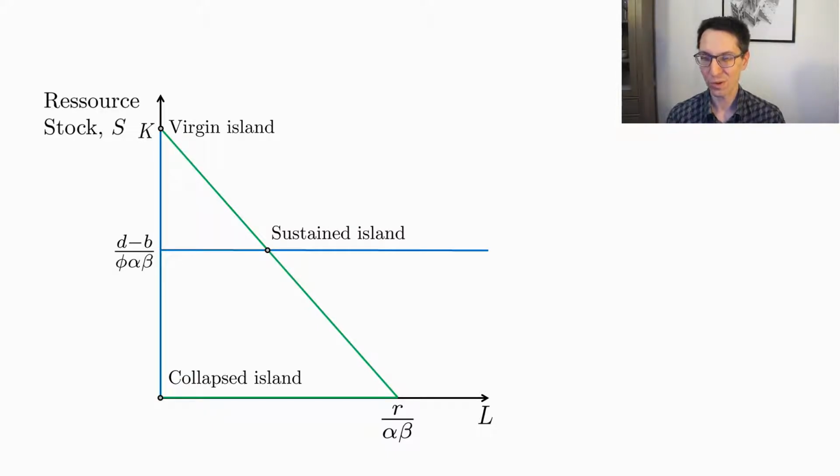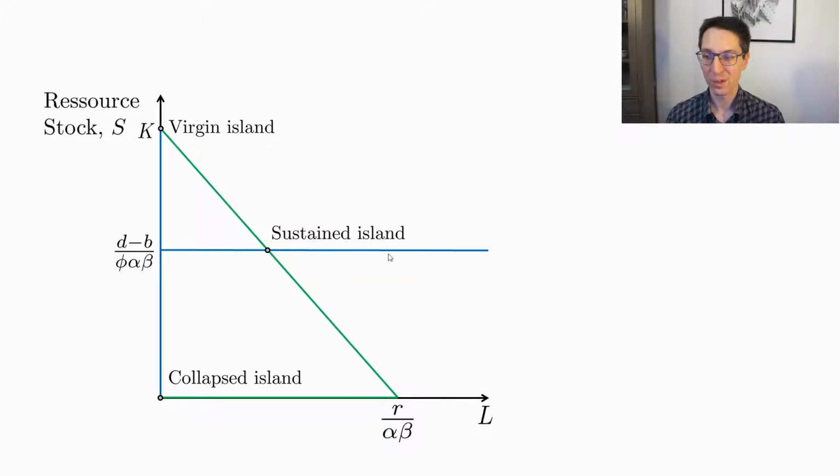So don't rush it. So let's start again with the resource stock. What we have learned is, for instance, if I am at this value of the steady state for the resource stock, and I increase the population on the island, what happens to the dynamic of S?